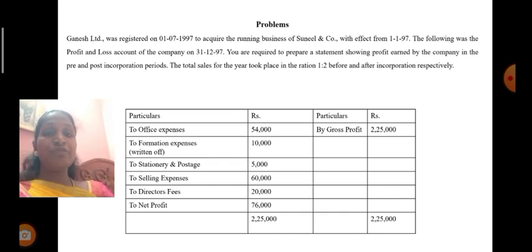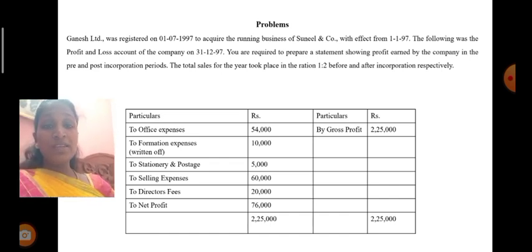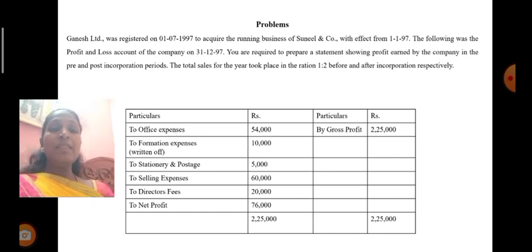And we need to find the sales ratio. Here the sales ratio is directly given, that is 1 to 2. They have given it in the sum directly, so we need not find it out. Here the expenses are given: office expenses, formation expenses, stationery and postage, selling expenses, director fees, and net profit.